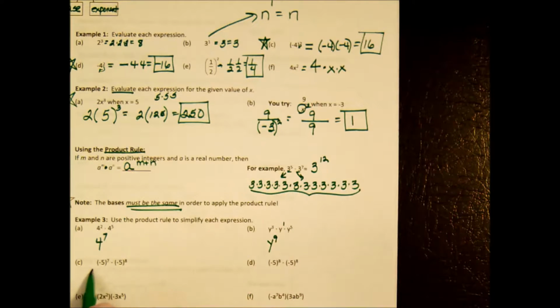Here our base is -5, so you have to keep it exactly like it is with the parentheses or it's not correct. 2 to the 7 plus 8 is 15. This one should be -5 to the 16th, but I'm going to show you something that my math lab does.